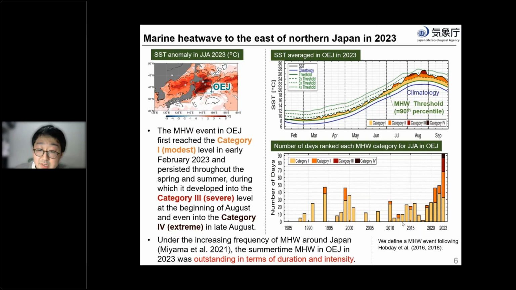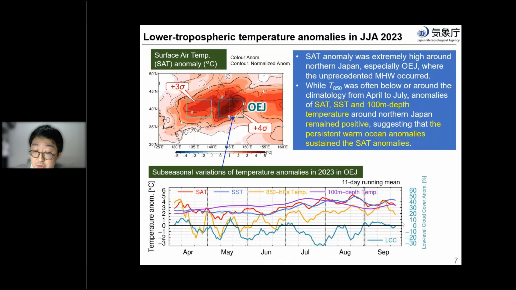So the next slide is atmospheric conditions. The upper panel shows the surface air temperature anomaly. SAT anomaly was extremely high around northern Japan, especially in OEJ, where the unprecedented marine heat wave occurred, as shown in the previous studies. The lower panel indicates the subseasonal variation of atmospheric and oceanic temperature anomalies in OEJ.